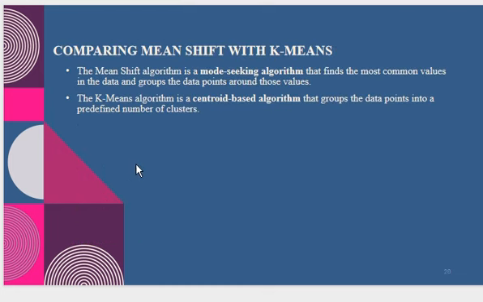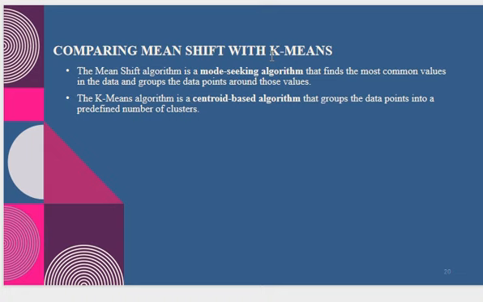So how is it different from k-means? In k-means we give the number of centroids, and when we specify K, similar data points are joined around the centroids.